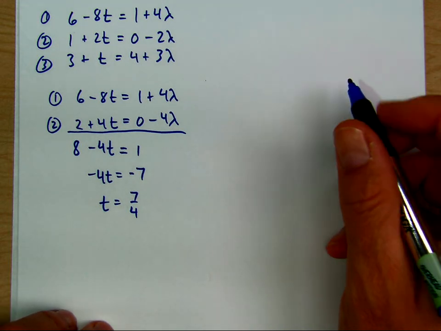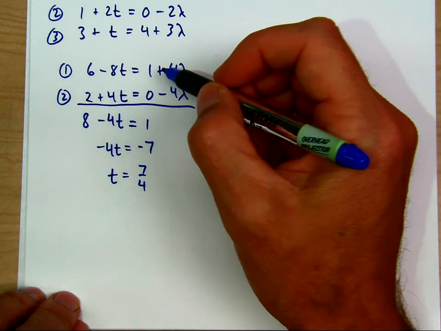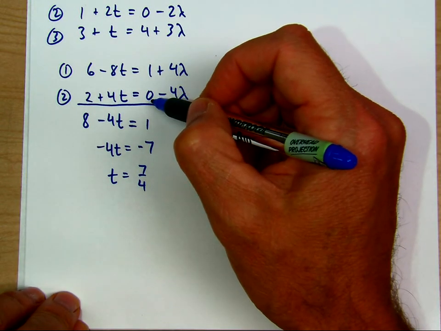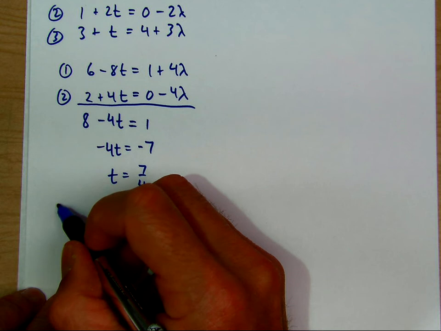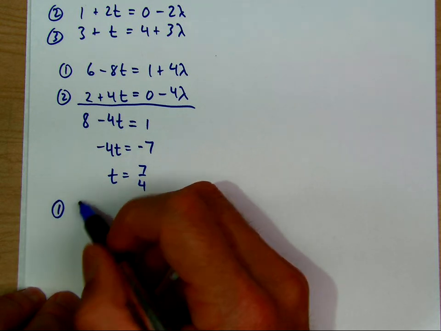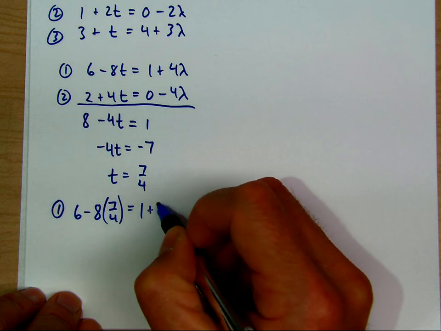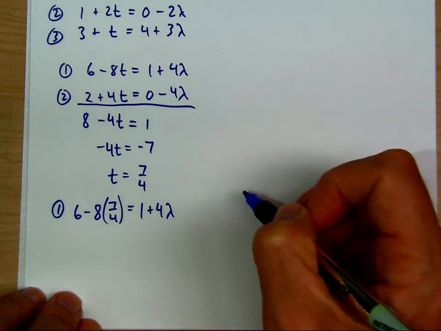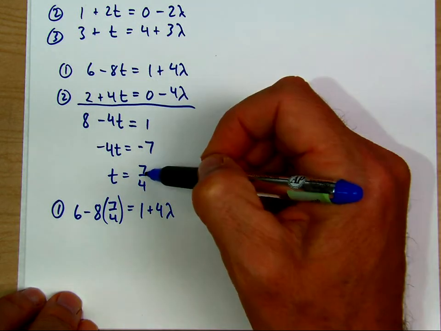Let's find lambda, and we would use equation 1 or 2. Let's go ahead and use equation 1. So equation 1, we're going to substitute for t, and now we solve for lambda.